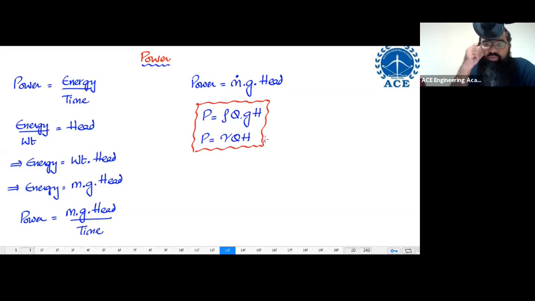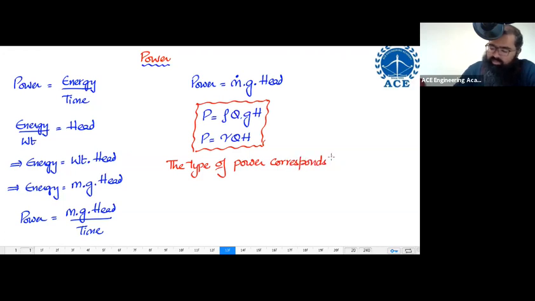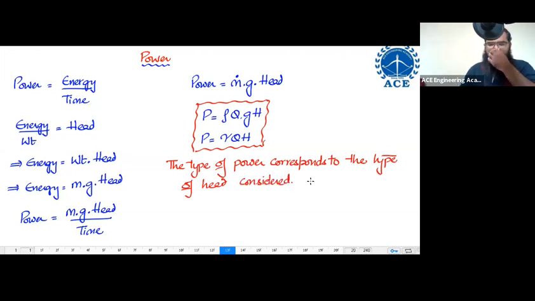Now the question comes, which power is it representing? Density I understand, discharge is Q, g is g, but which power is it? The answer is very simple. The type of power corresponds to the type of head considered.